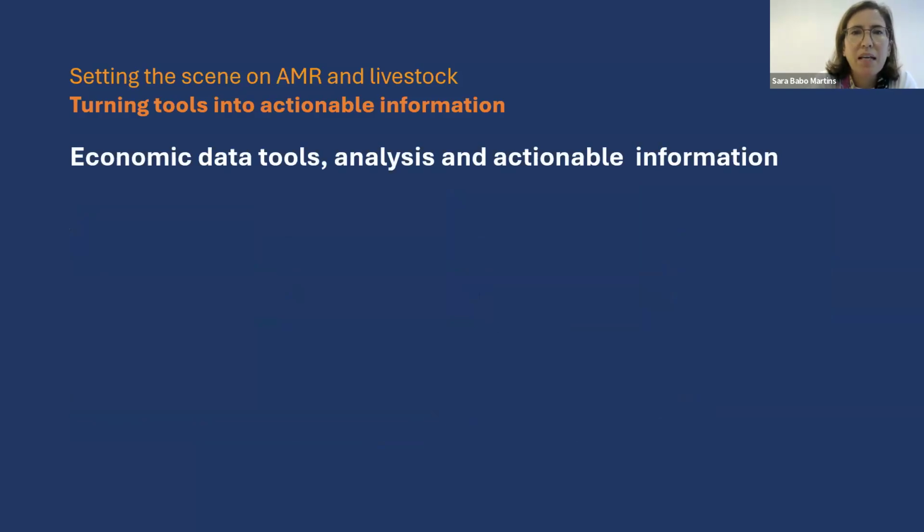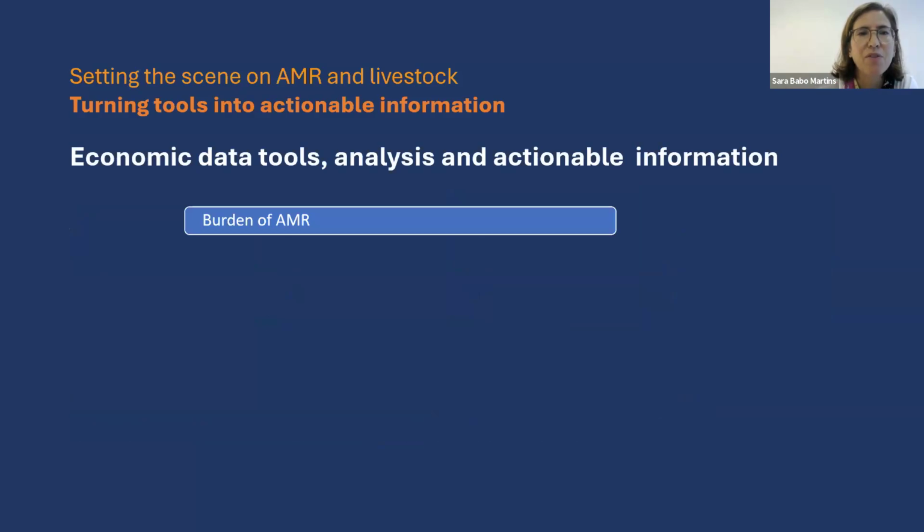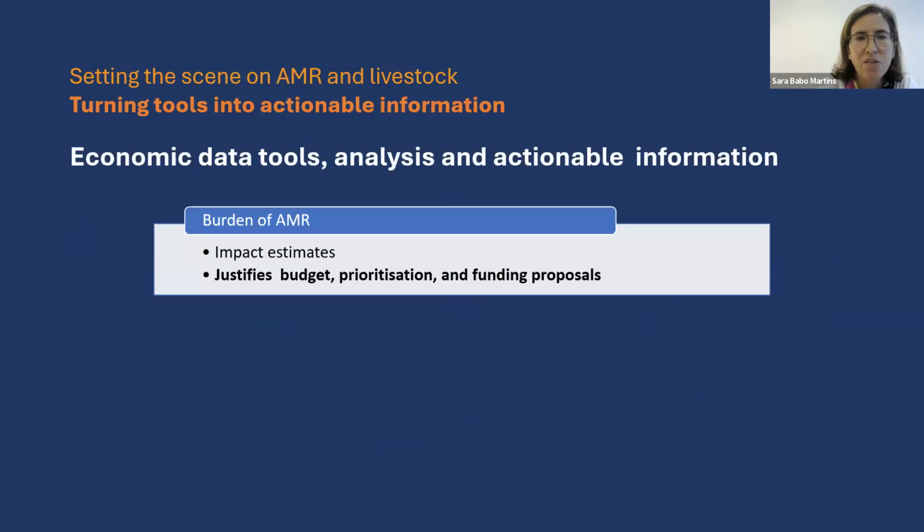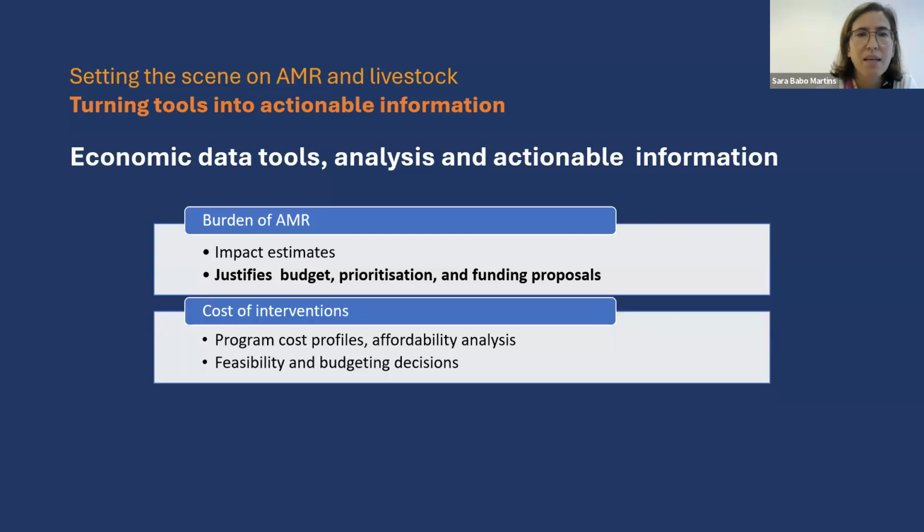When we think about economic information and economic tools that can inform actionable information, first we can think that if we generate burden of AMR information, we can start to generate estimates of impact, and that is really important, critical actually, to justify budgets, justify prioritization, and even scientific funding proposals. So that's already quite useful for decision making.